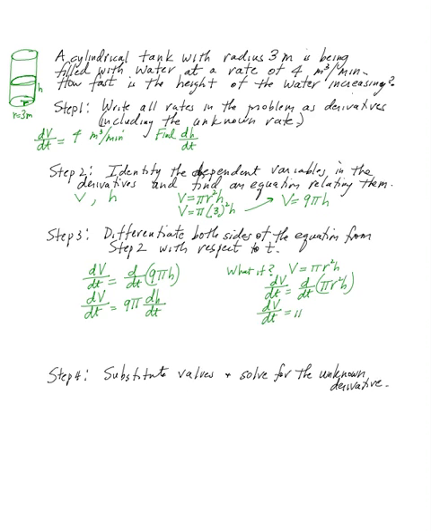The pi is a constant. Then for this r squared h, that's a product, so I'd use the product rule. So it's the first times the derivative of the second plus the second times the derivative of the first.